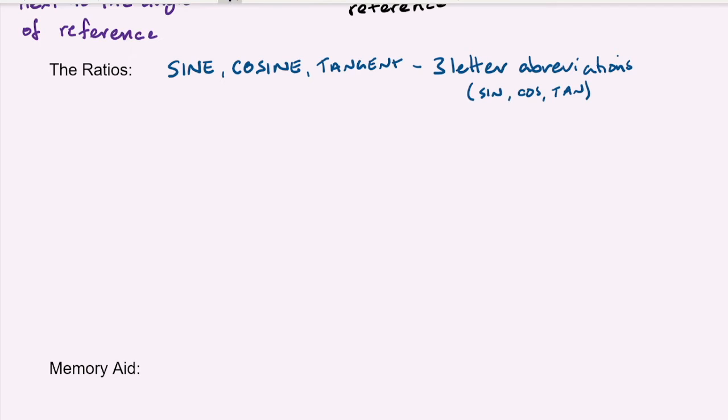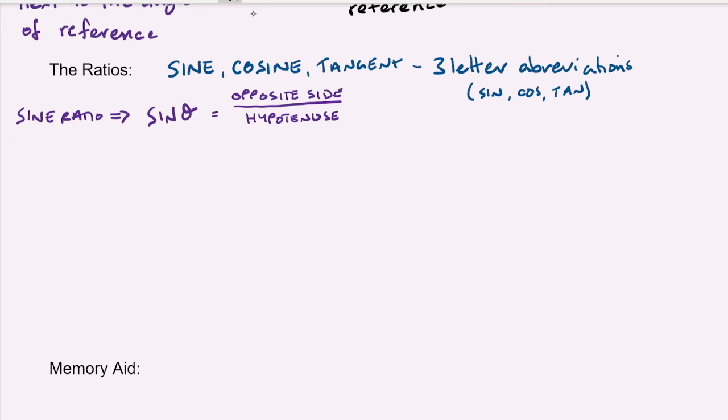Now the sine ratio looks kind of like this. We use sin for sine, theta for our reference angle, and it is always the opposite side over the hypotenuse. That's how we find that ratio. We always use the opposite side and the hypotenuse for sine.